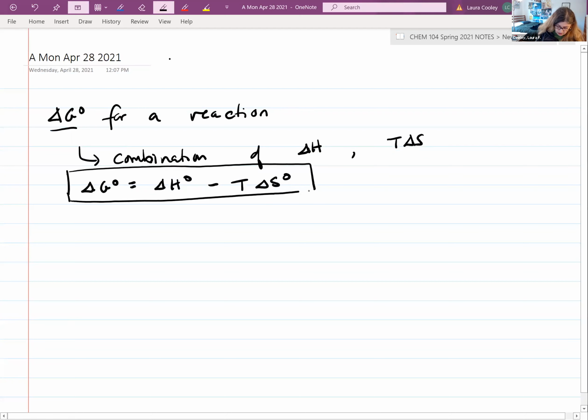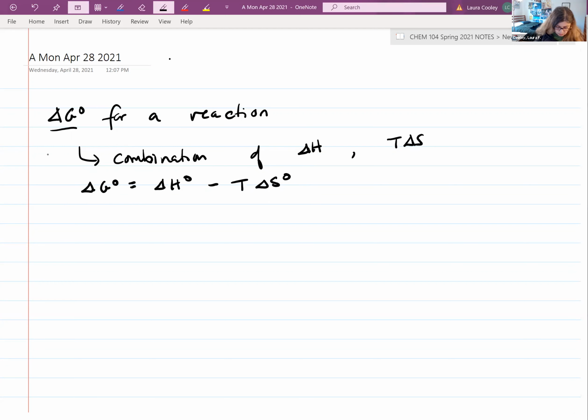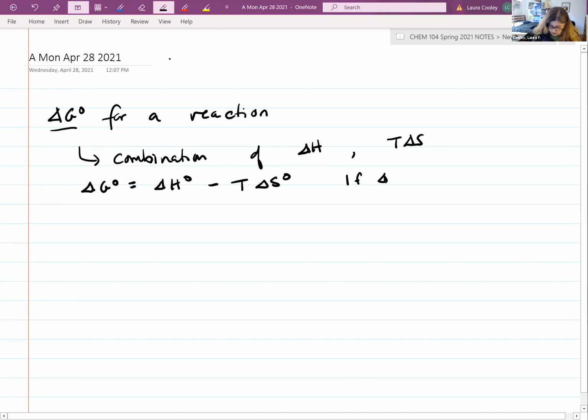And so what I'd like to do is talk about the roles of these two different terms, the delta H and the delta S. So the sign of delta G is so important for determining if the reaction is spontaneous, right? If the delta G0 is negative, then the reaction is spontaneous.